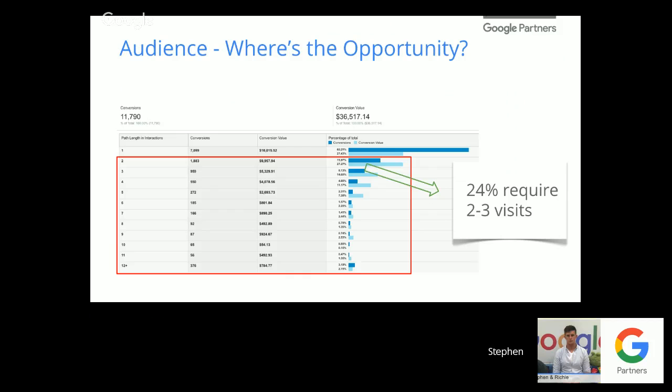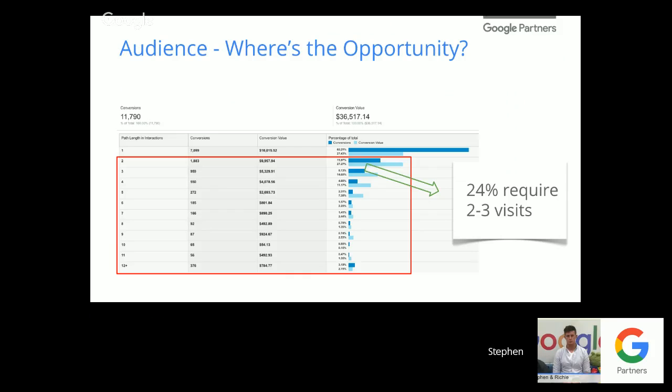Once again, the conversion value for people who convert on the first visit is a little bit lower than for people who convert after more than one visit. So you can see that people who do a bit of research and return are once again more valuable.